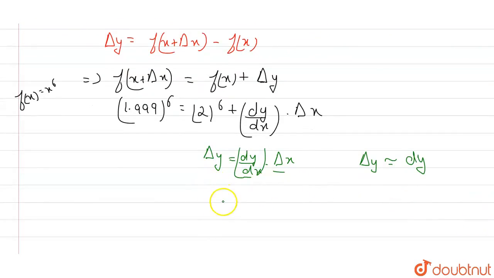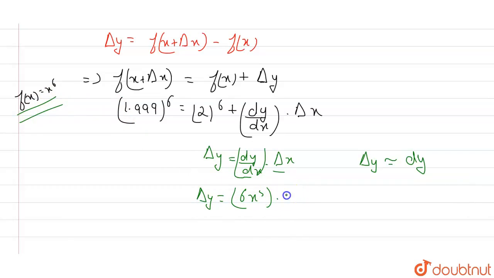So now we know our y is x to the power 6, so we can find dy by dx as 6 times x to the power 5.